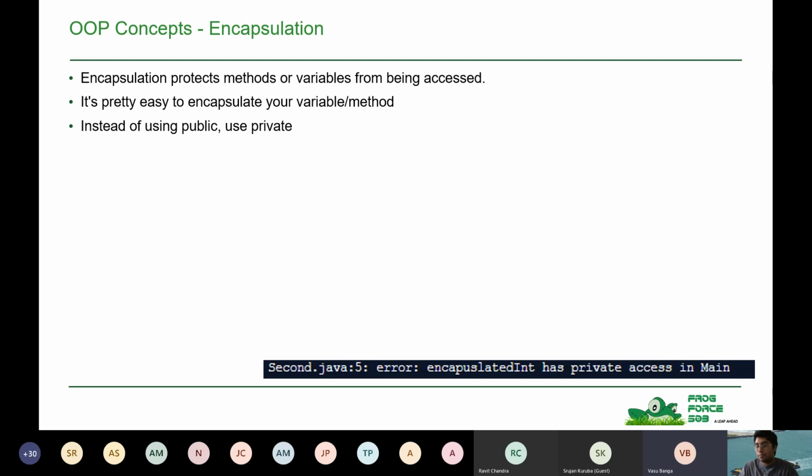So that's how you can determine exactly what the user gets to see and what they don't get to see. And as you can see at the bottom, it says encapsulate int has private access in main. When I showed you guys the private variable there, it means that you can't actually access it.